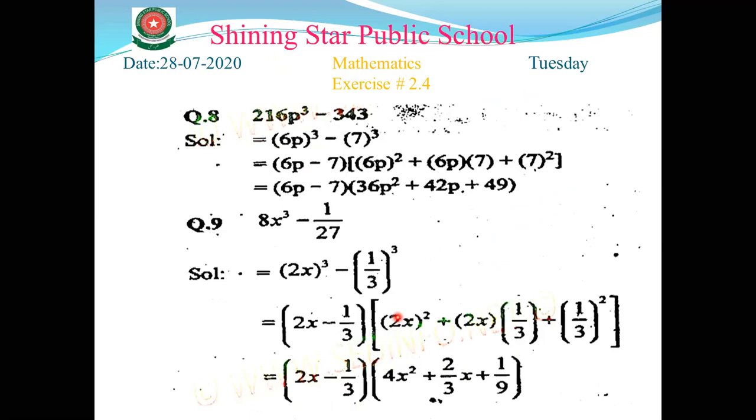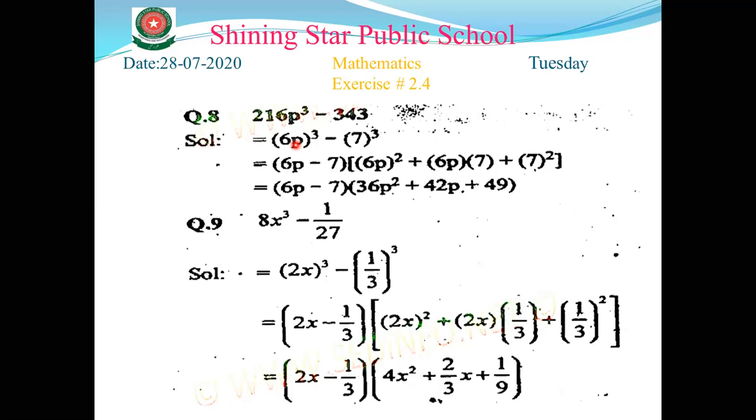So 216p³ minus 343. 216 is the cube of 6 and 343 is the cube of 7. Okay, so simply we write (6p)³ minus 7³. Now a³ minus b³ equals (a minus b)(a² plus ab plus b²).